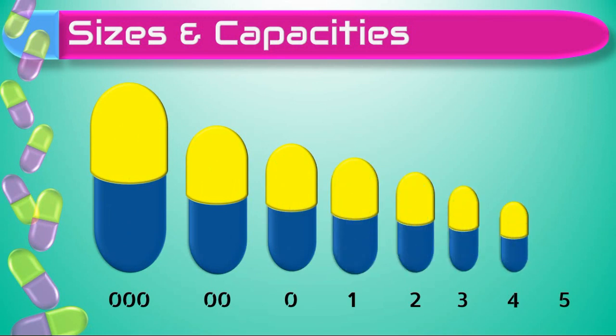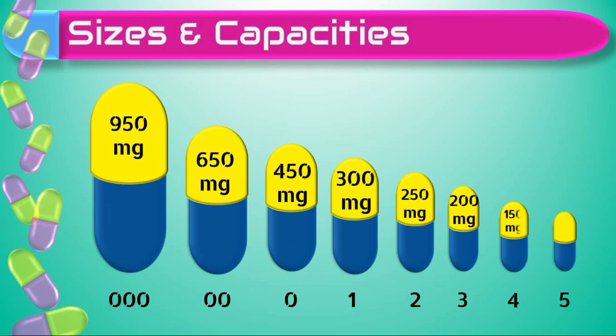The approximate capacity of each number of capsule is given in the animation. Capsules for animal use have numbers 10, 11 and 12 and these have capacity of 30, 15 and 7.5 grams respectively.